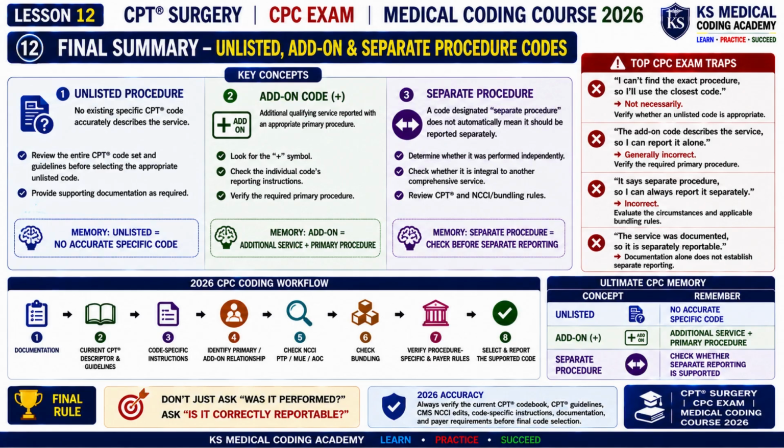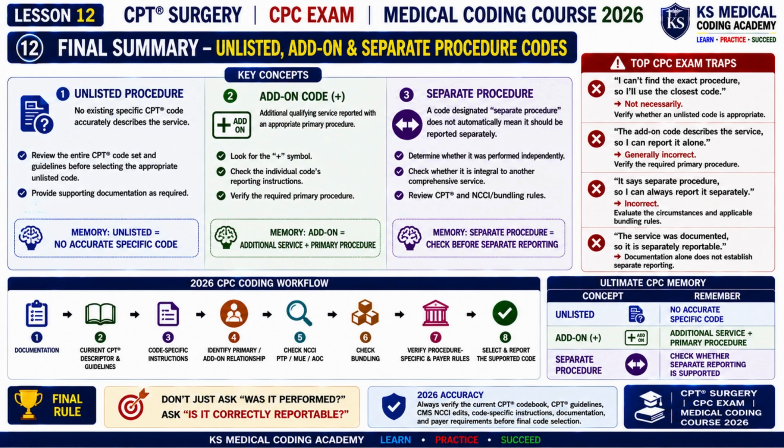Look for the plus symbol, review the individual code's instructions, and verify that the required primary procedure has been reported. Finally, separate procedure. Remember, separate procedure equals check before separate reporting. A separate procedure designation does not automatically mean the service should be reported separately. Determine whether it was performed independently and review applicable CPT, NCCI, and bundling rules.